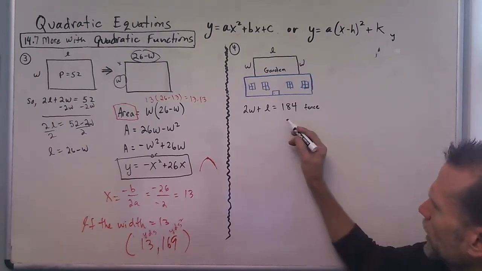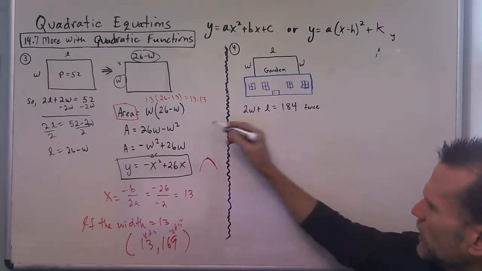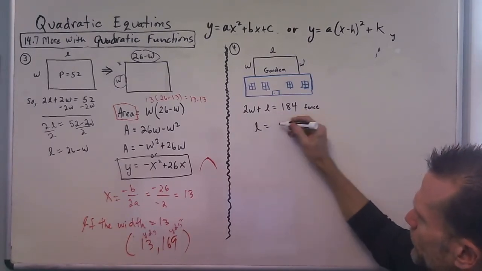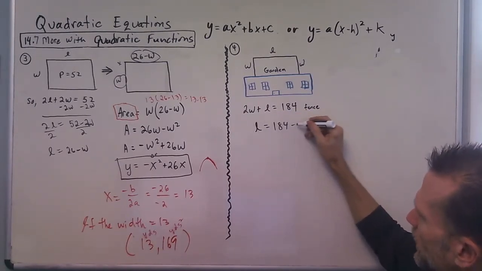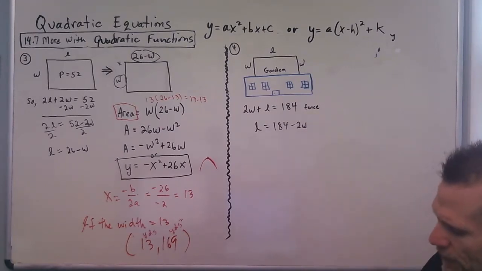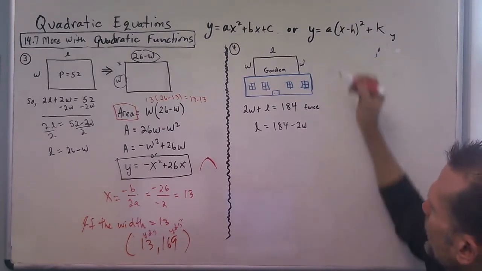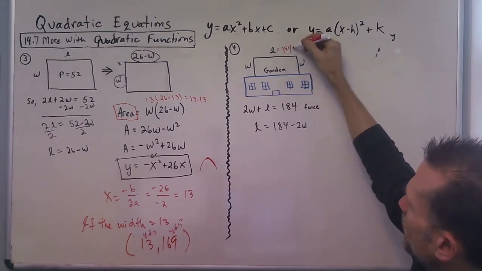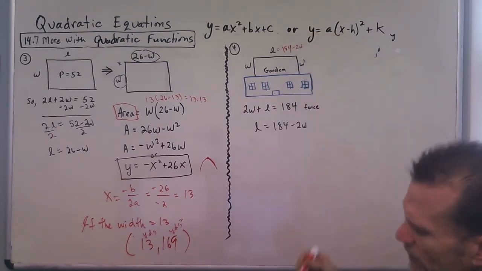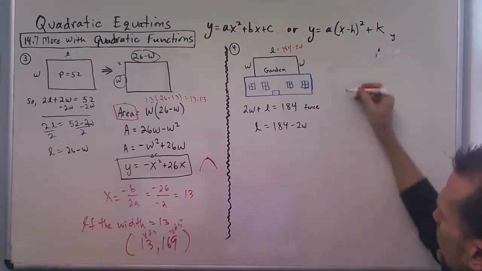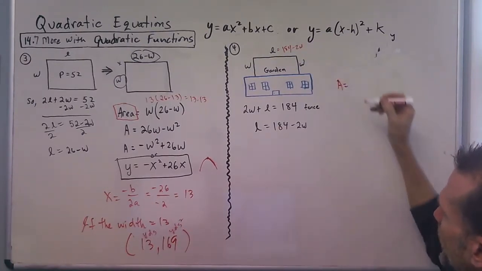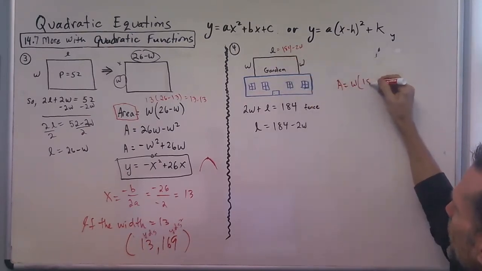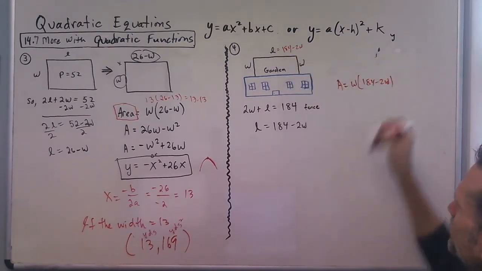So at this point, I can solve for L again like I did in the last problem, and I get L is equal to 184 minus 2W. And again, we want to maximize this. So we're going to say the area is equal to W times 184 minus 2W.